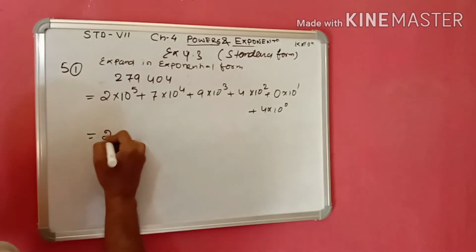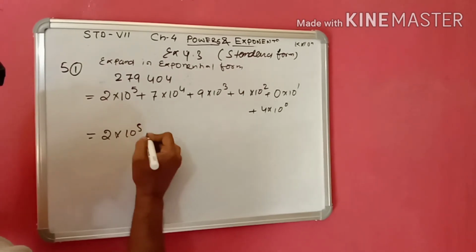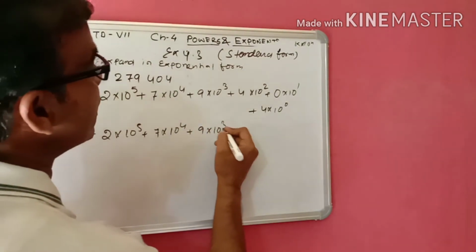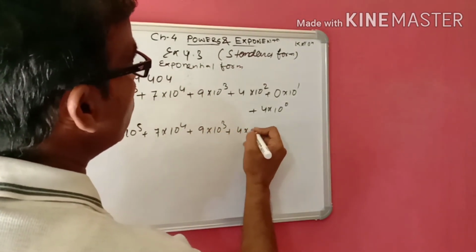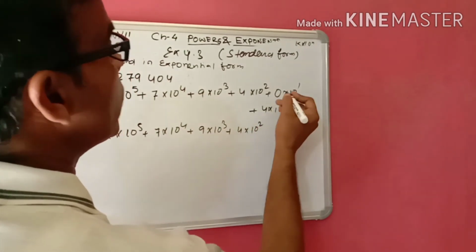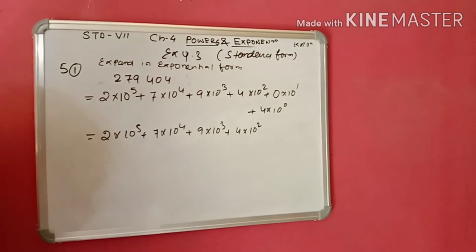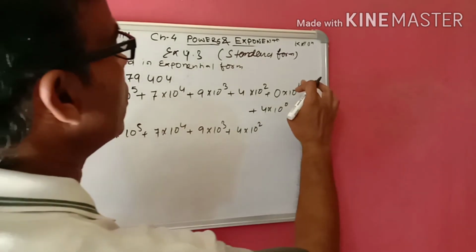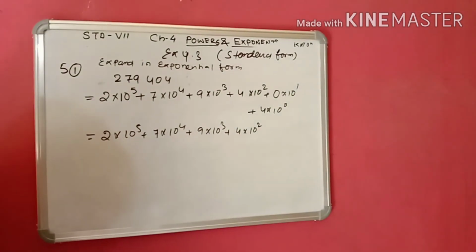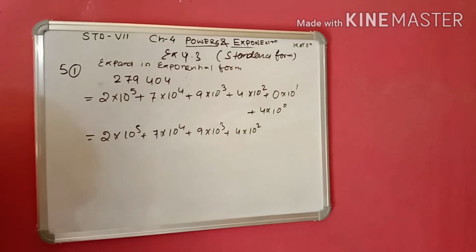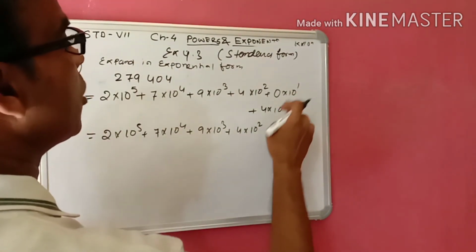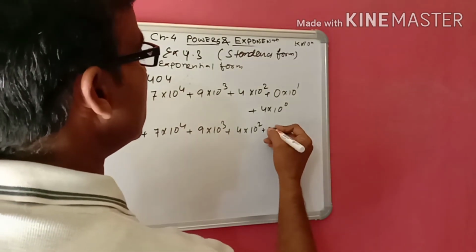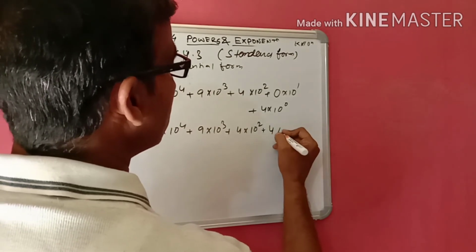So I can write 2 into 10 to the power 5 plus 7 into 10 to the power 4 plus 9 into 10 to the power 3 plus 4 into 10 to the power 2. Here 0 means nothing, but you can write 0 into 10 to the power 1, and 4 into 10 to the power 0 means 4 only. So you can write the same only. Or you can write this part as direct 4 only, or 4 into 10 to the power 0.